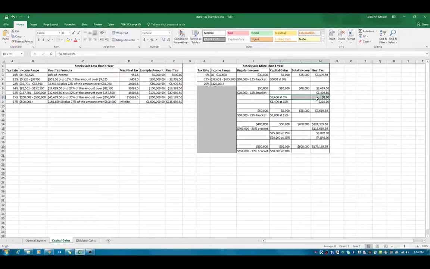So on this 8,600, none of that gets taxed. But then the remainder of our 10,000 gets taxed at the next bracket, 15%. So that'll be $210 in taxes between your gains alone. And if you sum up your normal income with those, this will be your final amount of tax.